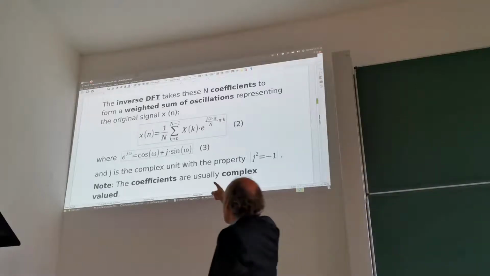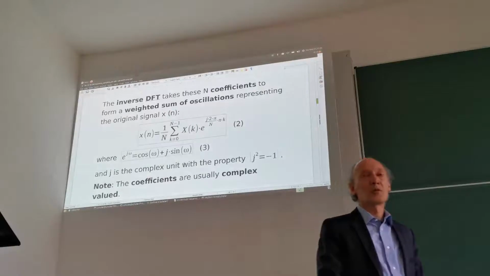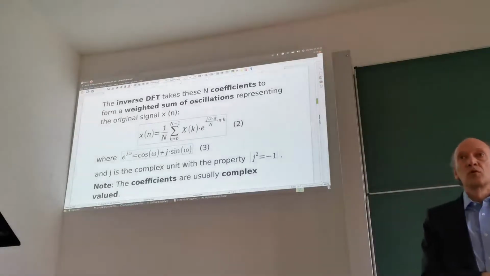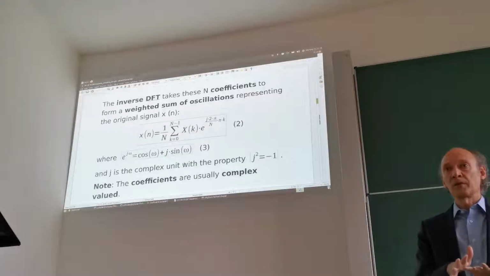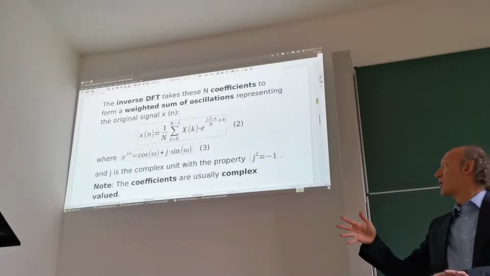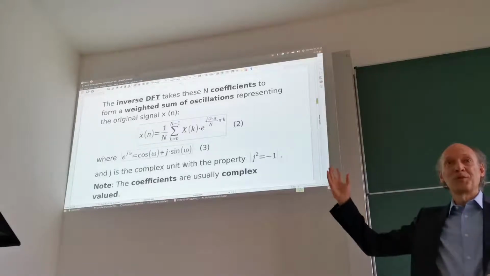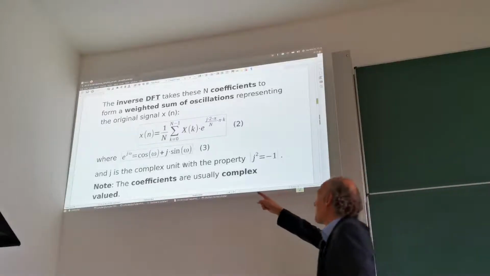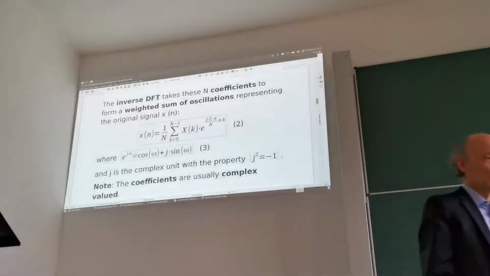So this is an important part of the equation. The exponential function can be written as two sinusoidal functions: cosine of omega for the real part, j sine omega as the imaginary part. Makes sense? So you all have seen this equation before? Okay, good.